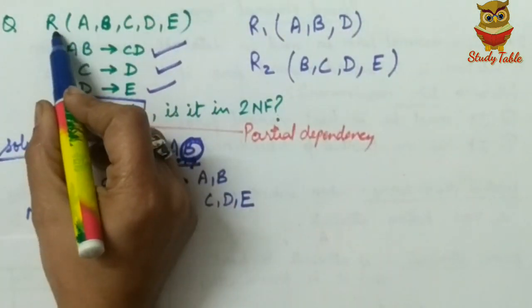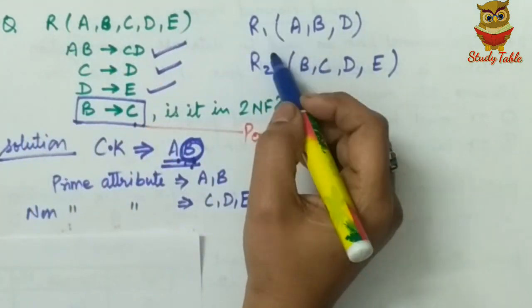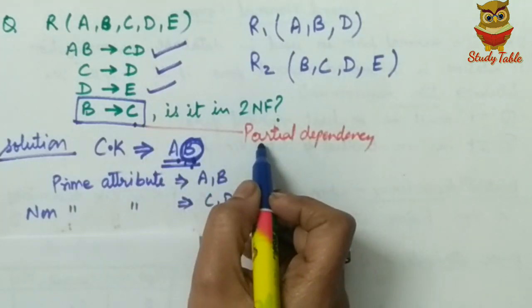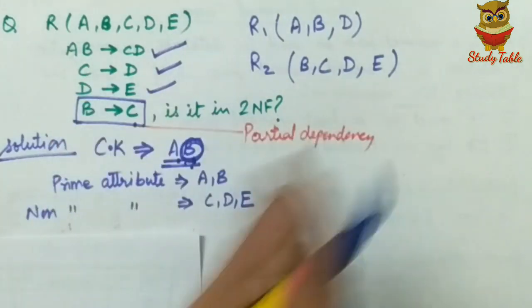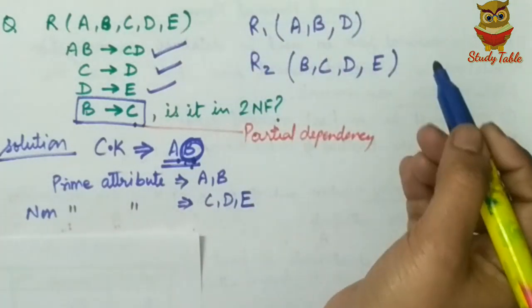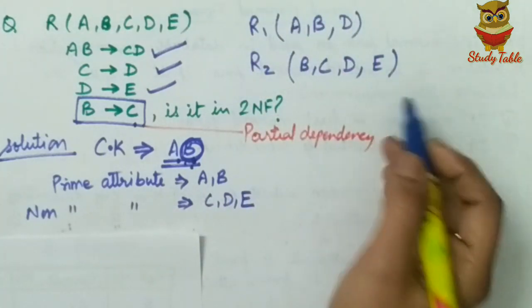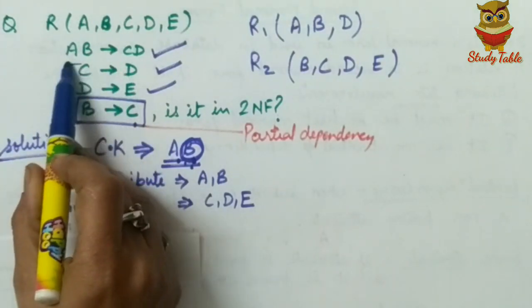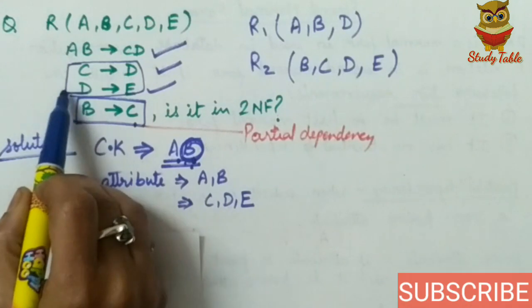Hence, this one relation R is broken down into two relations, R1 and R2, because of this partial dependency. And now this relation is free from partial dependency, and this is converted into second normal form. One more thing, for second normal form, these two FDs are not creating any problem.